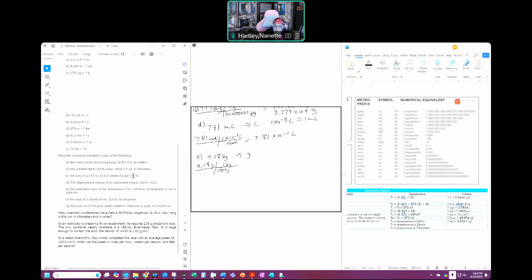And you can see that by looking at this table over here, because it says that the exponent is 10 to the 3 for kilo. So there's 1,000 grams in 1 kilogram. Right? So that's what I set up right there.